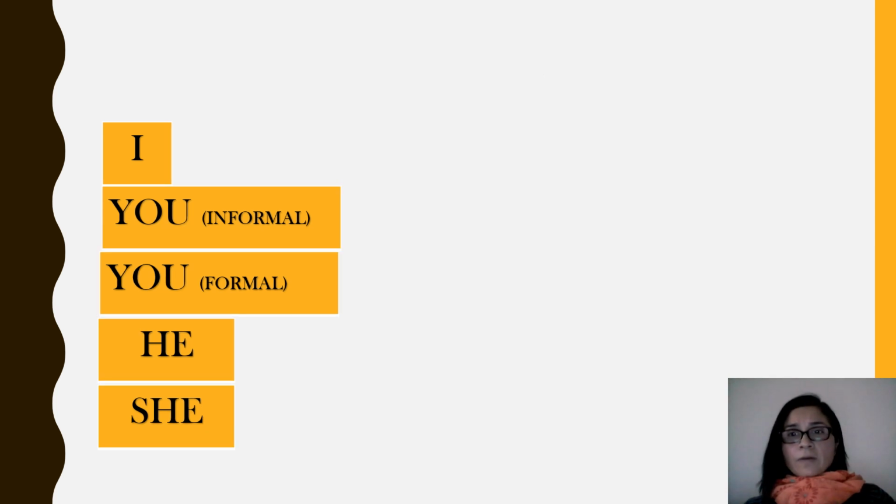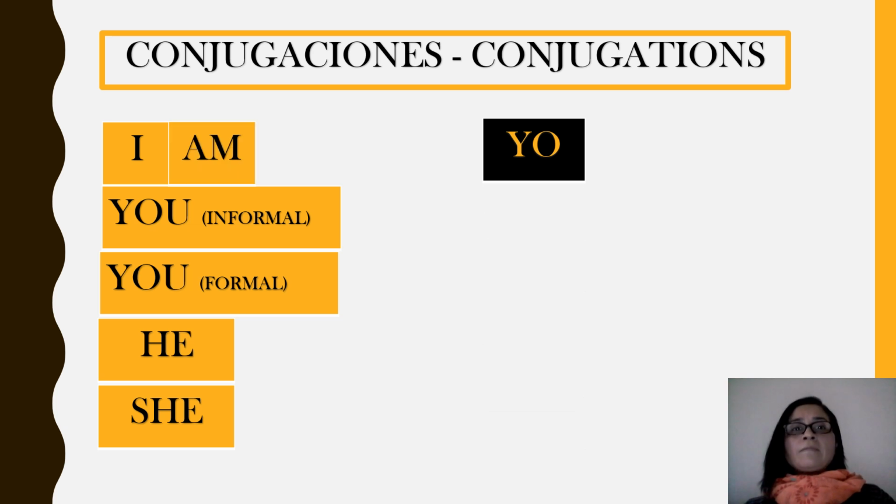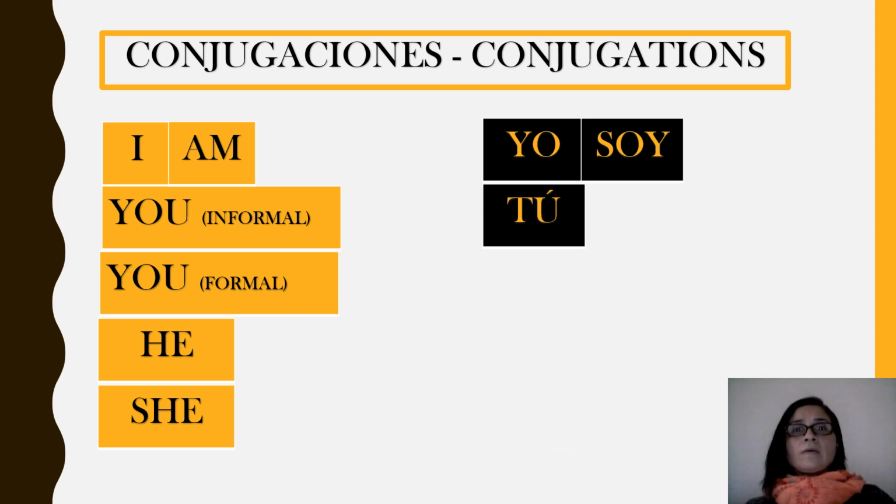So now we are going to start with the conjugation of the singular pronouns. Remember that every time you need, you can stop this video and take notes. So we have the pronouns here. So I is yo. So I am is going to be yo soy. Informal you is tú.